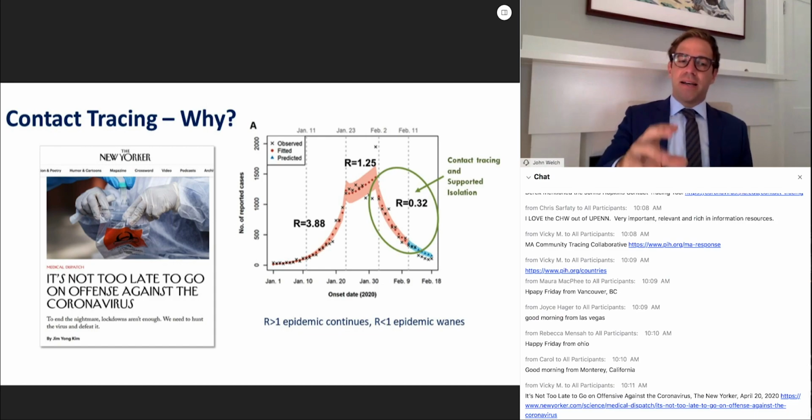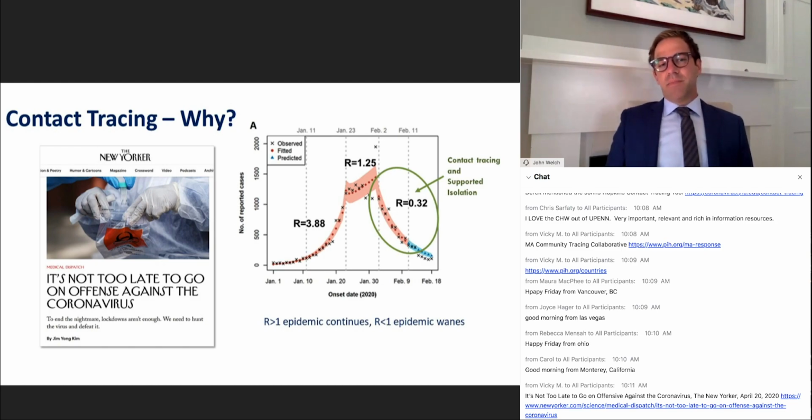And this op-ed by Jim Kim, one of our co-founders and the former president of the World Bank, asked exactly that question, saying, we know that there are public health tools as part of a comprehensive approach that can be used to really quell and help slow the transmission.